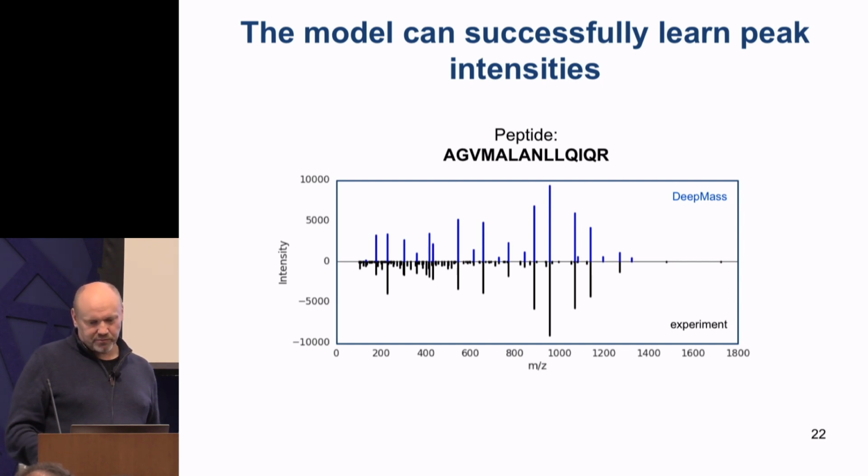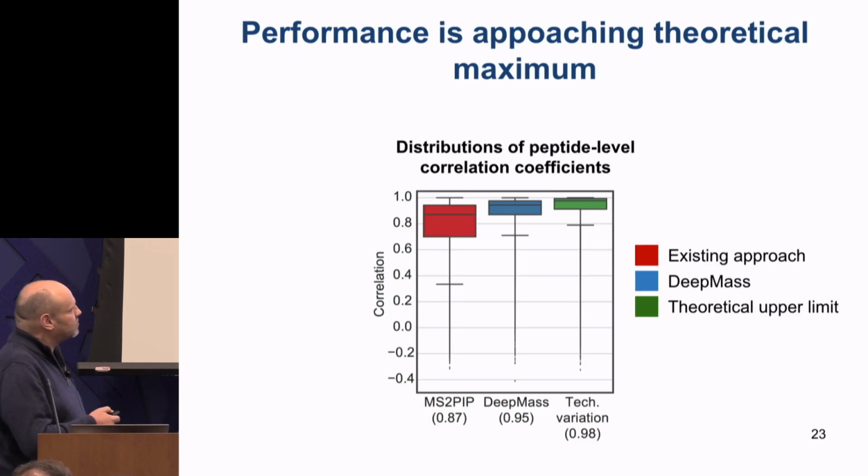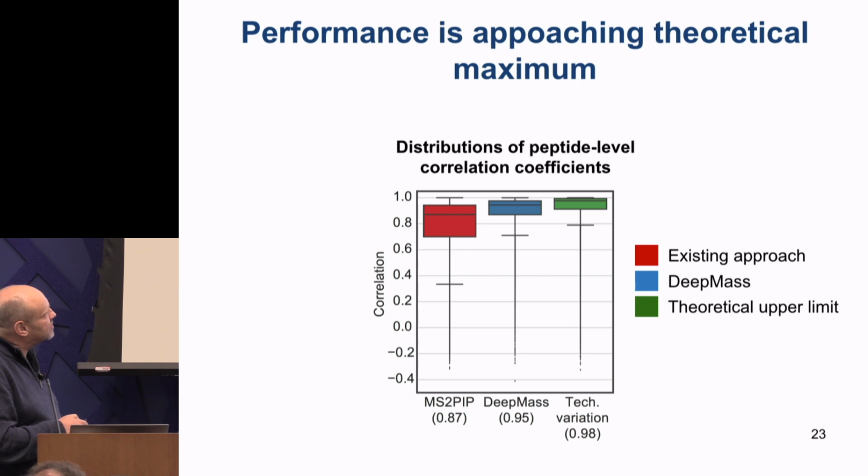But it can predict one spectrum, and I guess every algorithm can predict one spectrum. So how is it on the whole population? On the whole population, it's not so bad. These box plots are distributions of correlation coefficients between experimental and predicted spectrum.